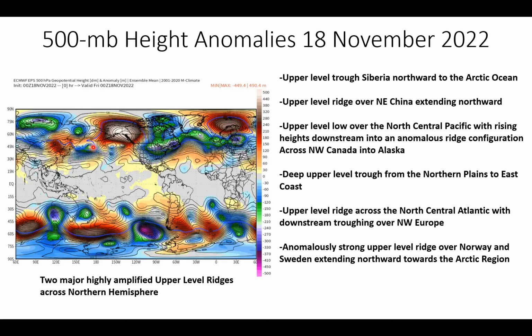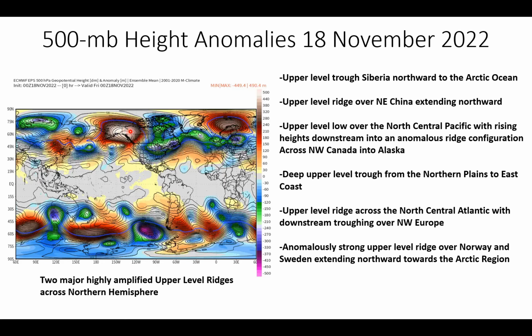Followed downstream by this upper level low, this cutoff low over the north central Pacific, with rising heights downstream of that upper level low. And that is associated with this major player or atmospheric feature that is partially responsible for the very cold air across the majority of the United States.